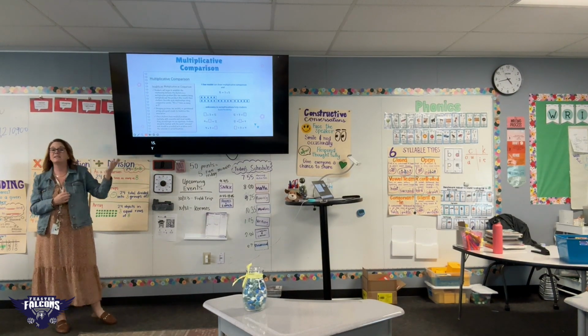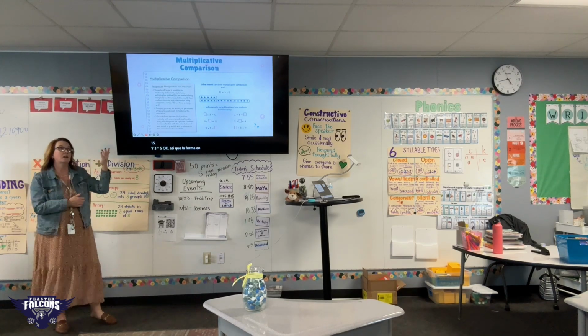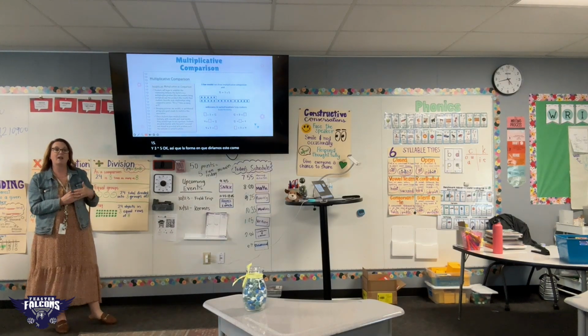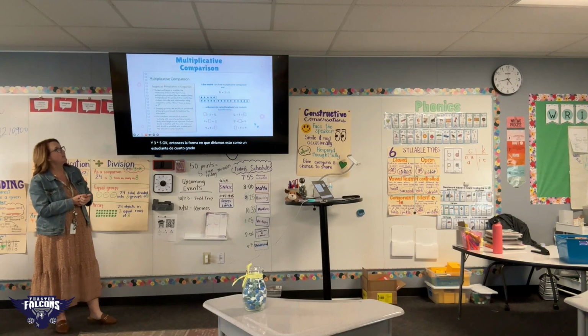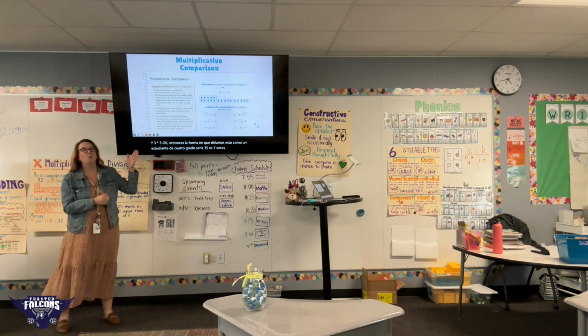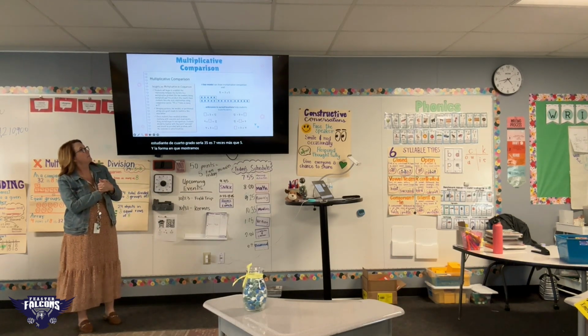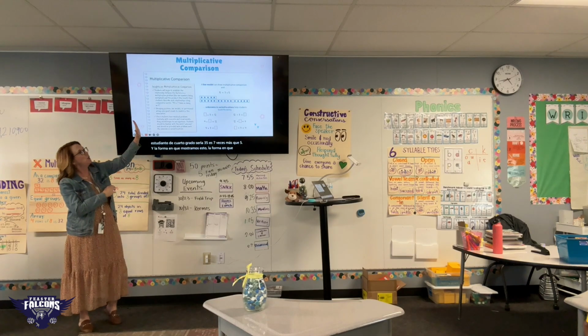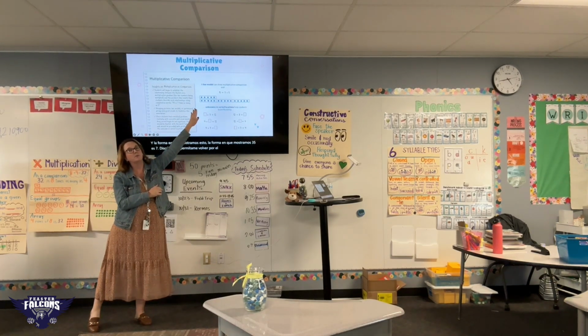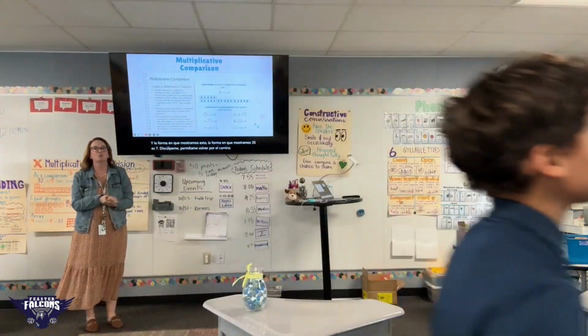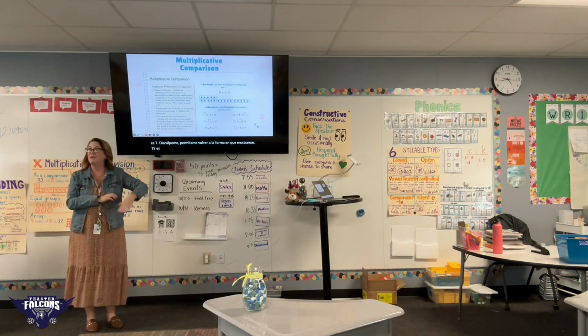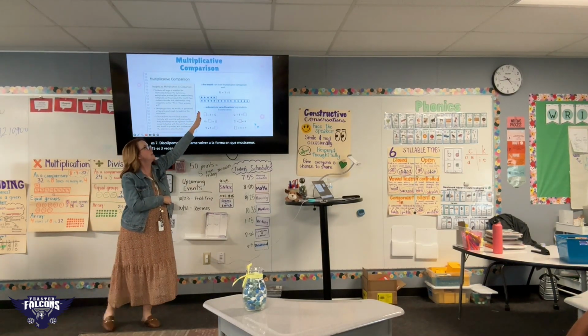The way that we would say this as a 4th grader would be 15 is 3 times as many as 5. And the way that we show this would be using this bar model.